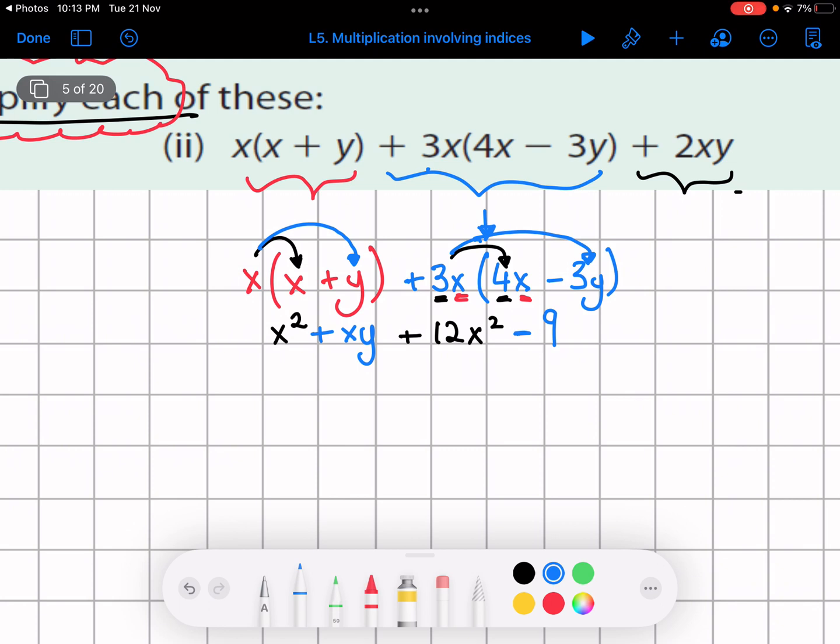And we have an x here multiplied by a y. So it would be minus 9xy. We can't forget about our additional number here at the end. We also have a plus 2xy. I'll do it in blue. Plus a 2xy.